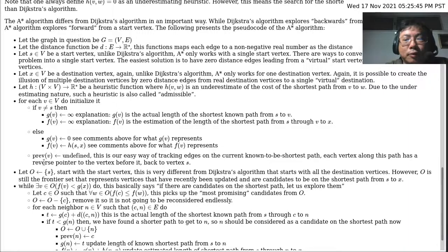And the start vertex itself also has an undefined pref, because why would I care how I got to the start vertex? By definition, this is where we start. So that's why it doesn't matter which vertex we are talking about in V. We initialize every single previous or back pointer for the vertices to undefined.